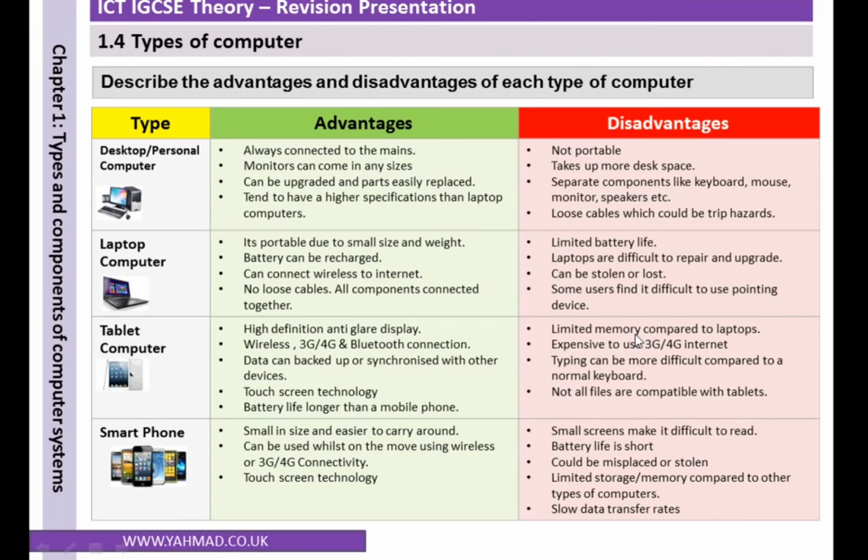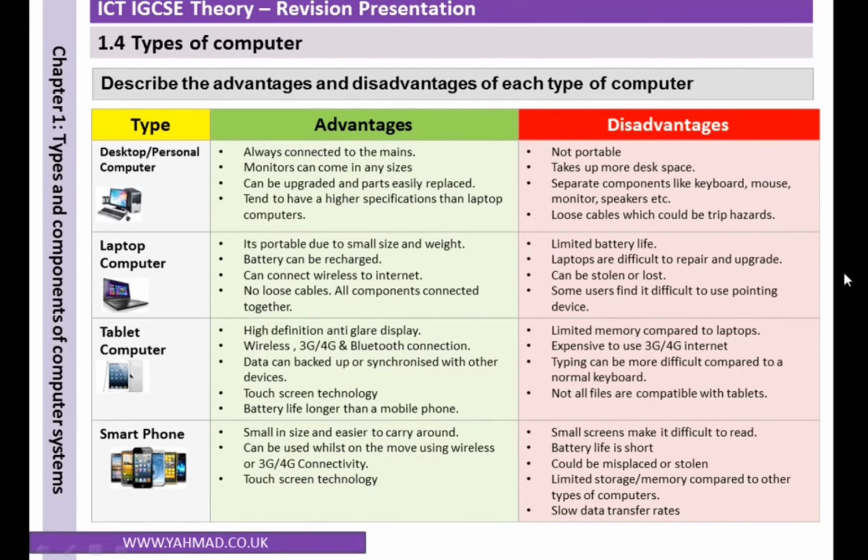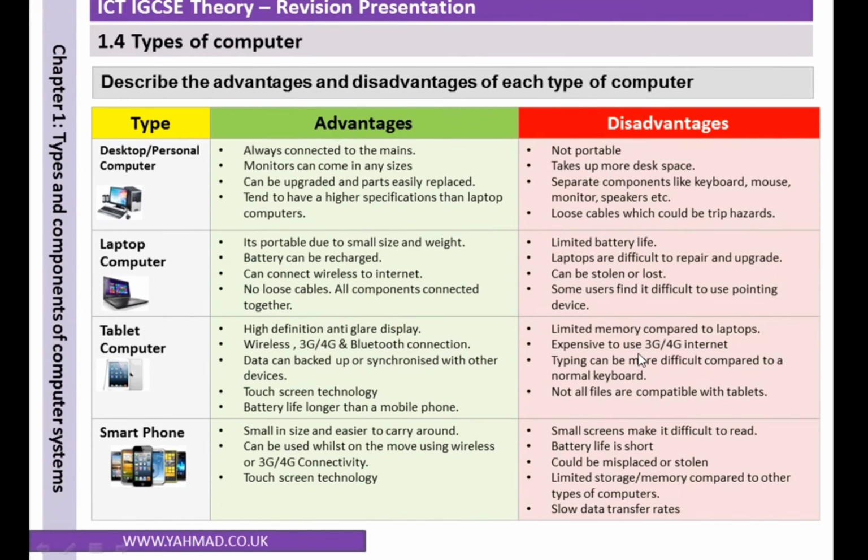The disadvantage is it has limited memory compared to laptops, and may be expensive to use 3G or 4G internet. Typing can be more difficult compared to using a normal keyboard on a desktop computer or a laptop computer. Not all files are compatible with tablets. For example, videos or animations in a Flash SWF format may not work on a tablet computer.